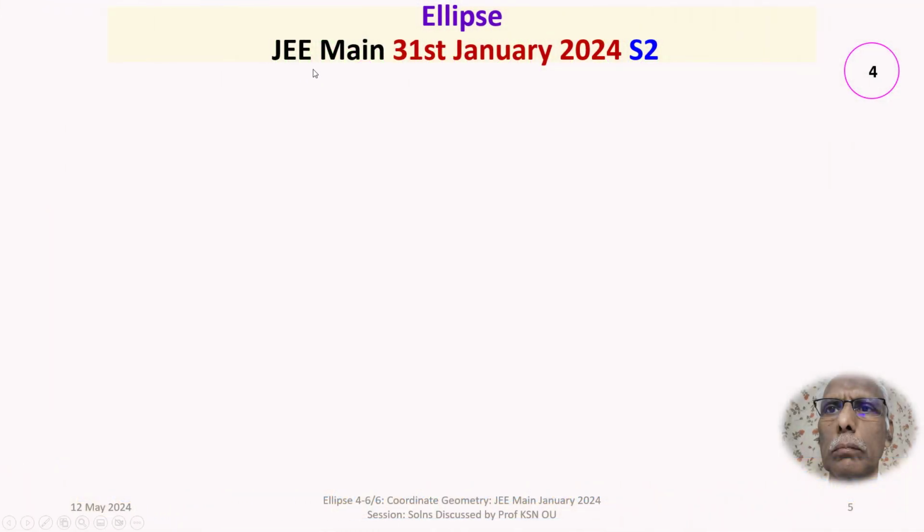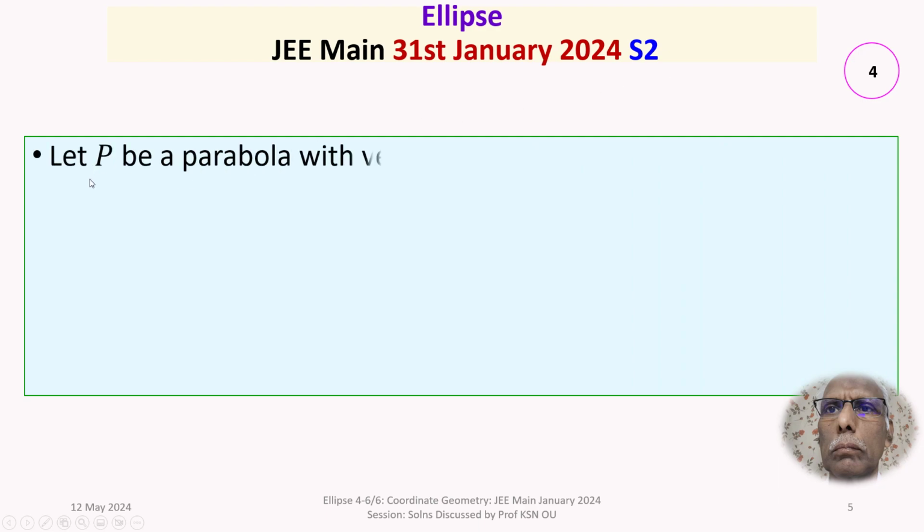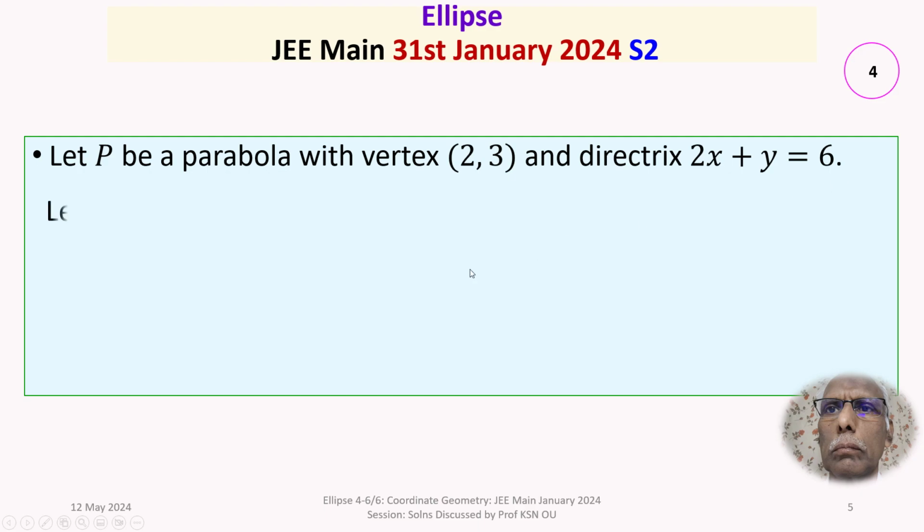This question has appeared in the JEE Main exam held on 31st January 2024 in the second shift. The given question is: let P be a parabola with vertex (2, 3) and directrix 2x + y = 6.